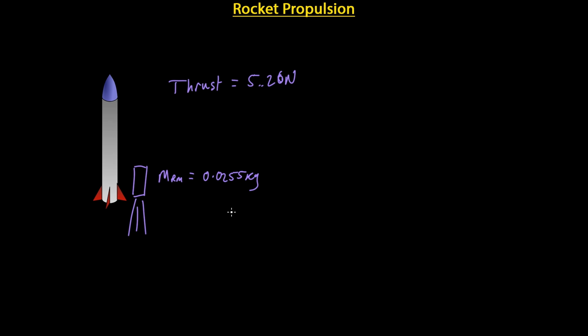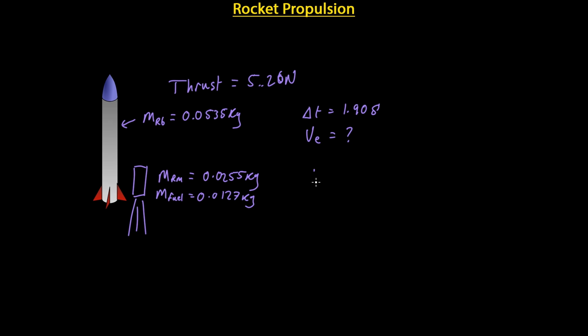The total amount of fuel contained in this rocket is equal to 0.0127 kilograms, and the rocket body has a mass of 0.0535 kilograms. So if the duration of the burn of this rocket motor is equal to 1.90 seconds, what's the average exhaust speed of the gases coming out of this rocket motor?